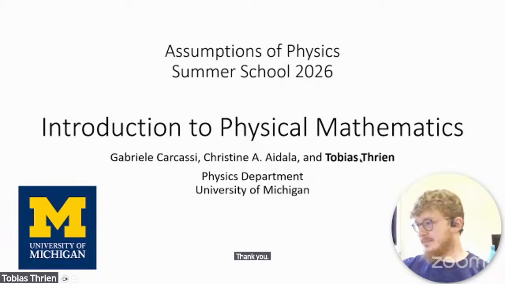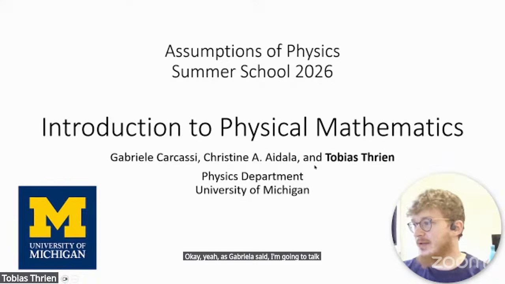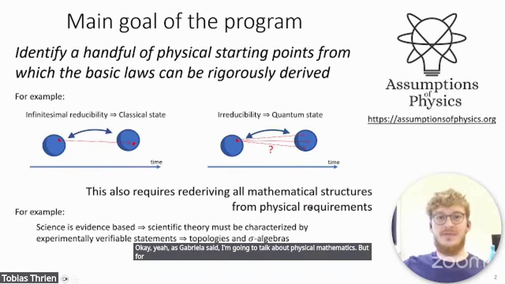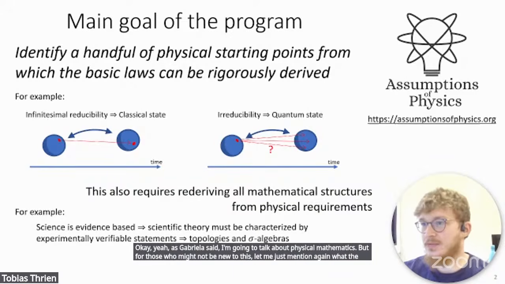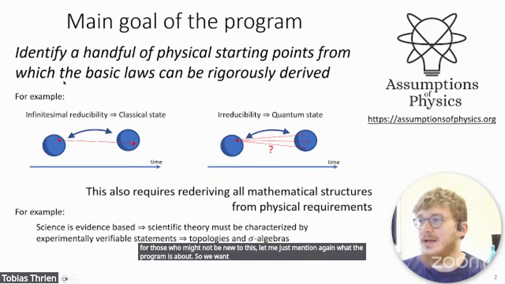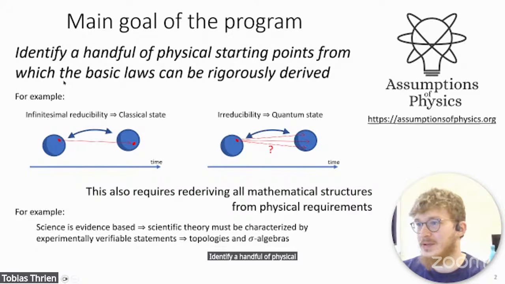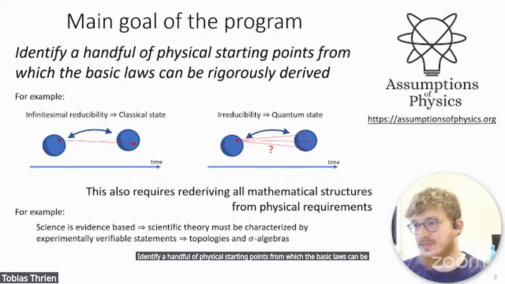Okay. As Gabriele said, I'm going to talk about physical mathematics. But for those who might be new to this, let me just mention again what the program is about. We want to identify a handful of physical starting points from which the basic laws can be rigorously derived.